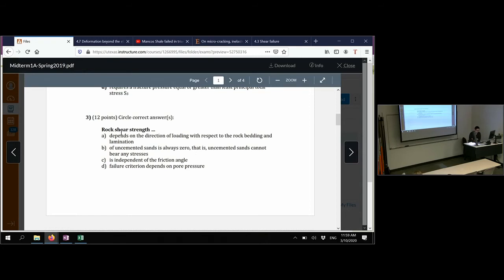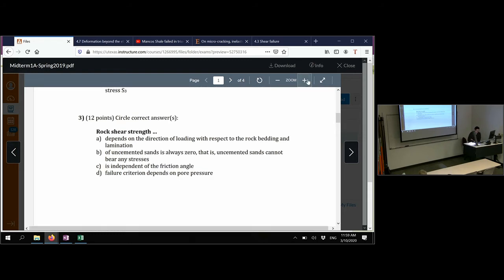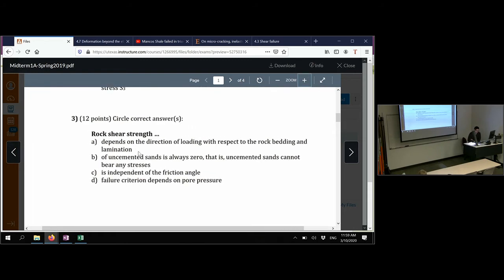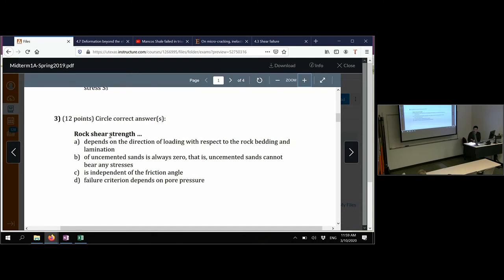Yes. So the question here is, which of these apply to rock shear strength? It could be 1, it could be 4, it could be 0. The first one says rock shear strength depends on the direction of loading with respect to the rock bedding and lamination.